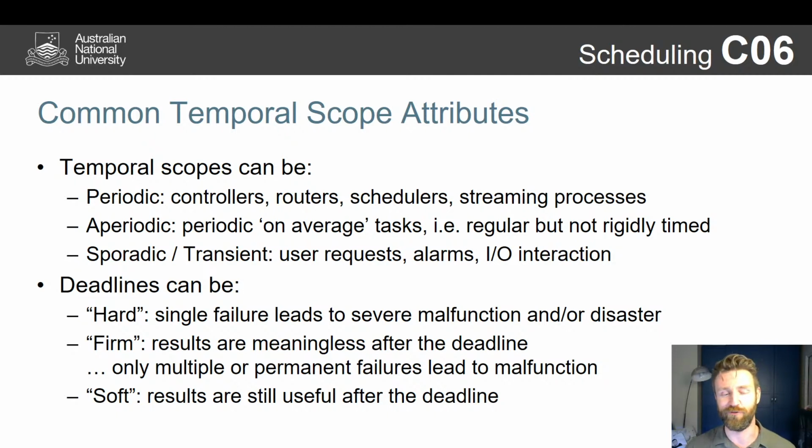And then there's a third form of soft real-time systems in which you may have a deadline, but the results may still be considered useful. And this is not really a real-time system. This might actually be another way of saying that it's not really a real-time system at all, and the deadline isn't actually that important. This is getting back into what I would think of as regular scheduling.